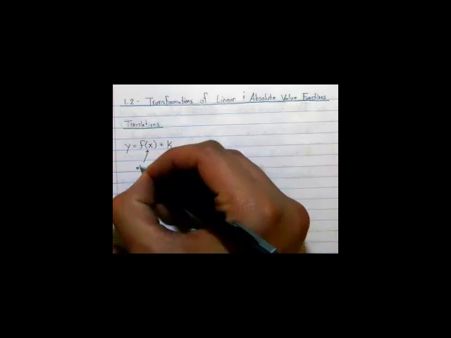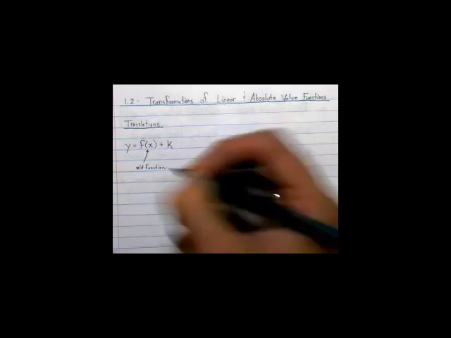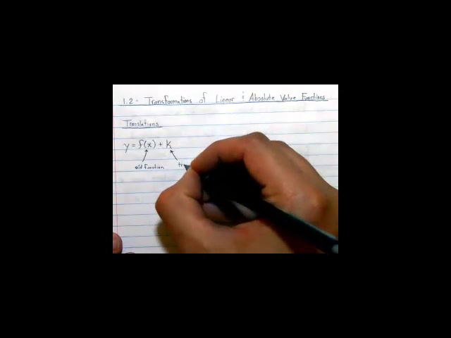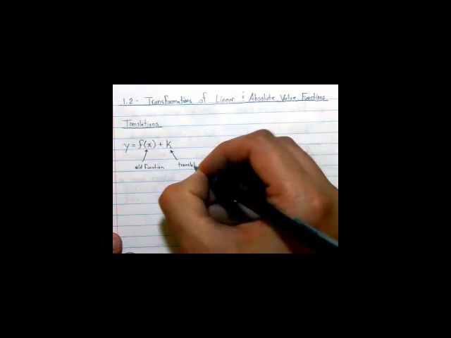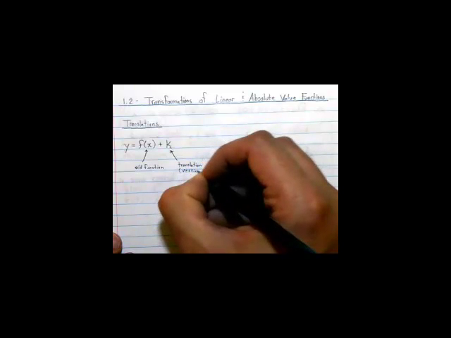So old function. And then, like we said, you just add something to it at the end, and that's the k. And that would be the translation. And in this case, it's vertical.